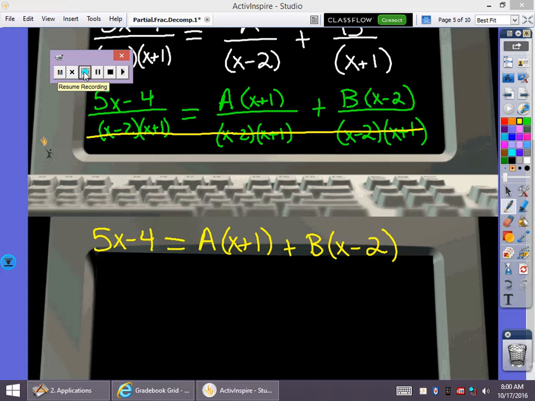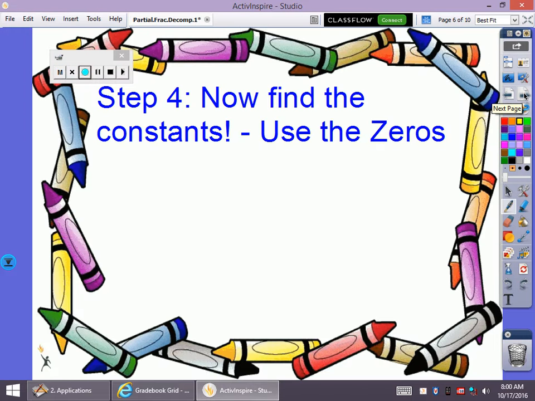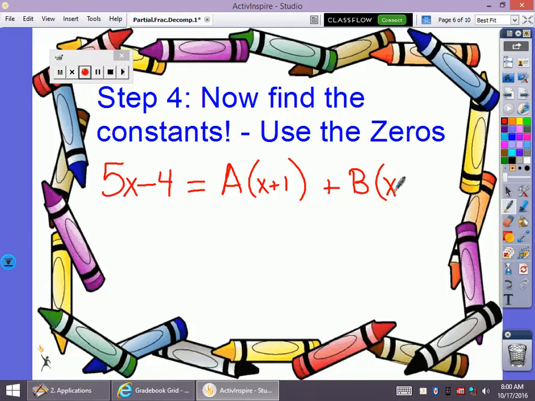On to step 4. Okay, now we're going to find the constants using zeros. So when we last left, we had 5x minus 4 equals a times x plus 1 plus b times x minus 2. All right, I need to create zeros. I'm going to start with this first 0 right here. Okay, what would make this 0? -1.